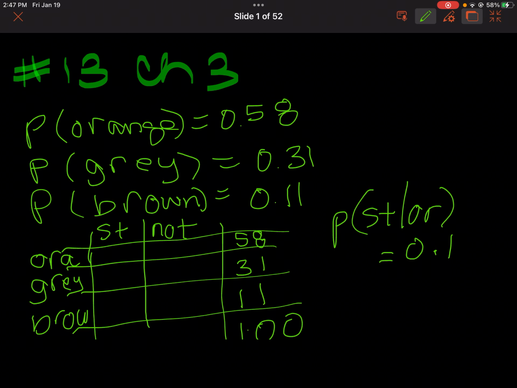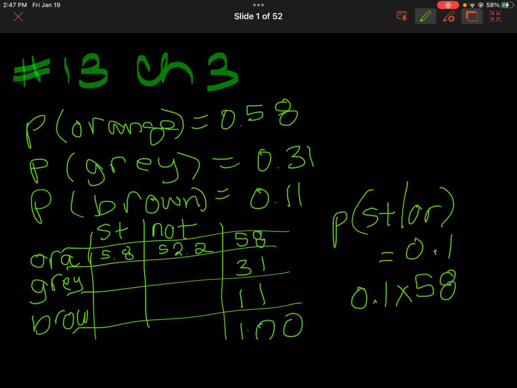So in our chart here, of the 58 orange, 0.1 of them will have stripes. So 0.1 times 58 gives 5.8. So 5.8 of them have stripes, and there were 58 total, so that must mean that 52.2 of them don't have stripes.